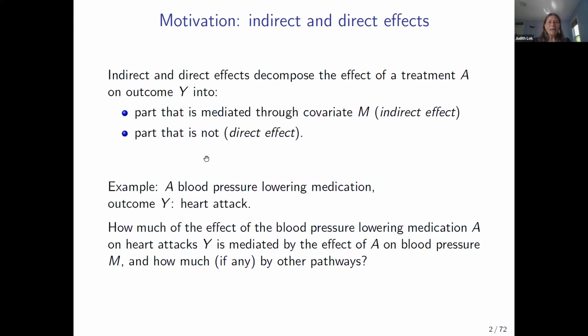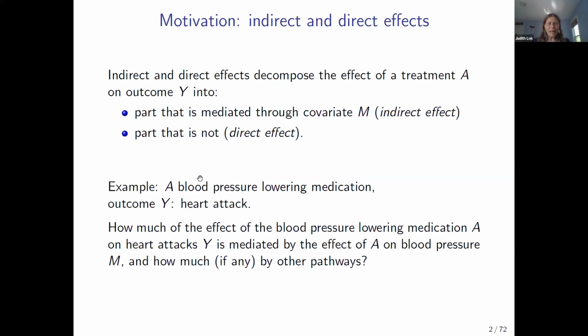Indirect and direct effects decompose the effect of a treatment A on an outcome Y into the part that is mediated through a covariate M, that is typically called the indirect effect, and the part that is not mediated through that covariate M, and that is usually called the direct effect.